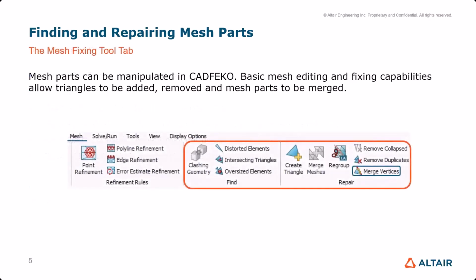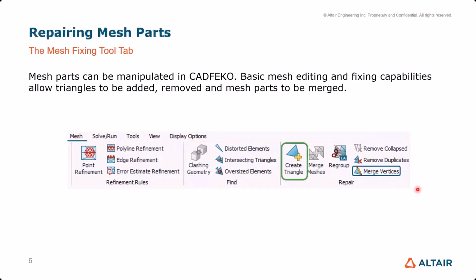Now, within CAD Feko, there is a dedicated mesh fixing tool that you can find under the Mesh menu. You have a section related to finding problematic parts, and then you have some tools that allow you to repair them. I will zoom in a bit more on the repairing part, because usually when you have an error when you run your simulation, you will try to overcome that.